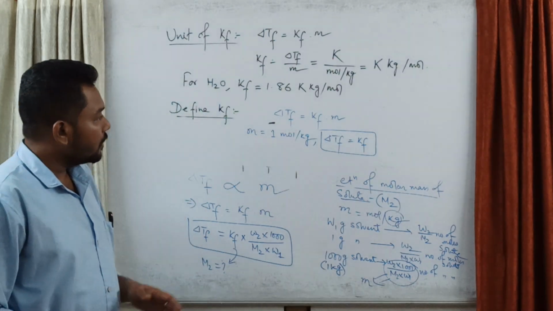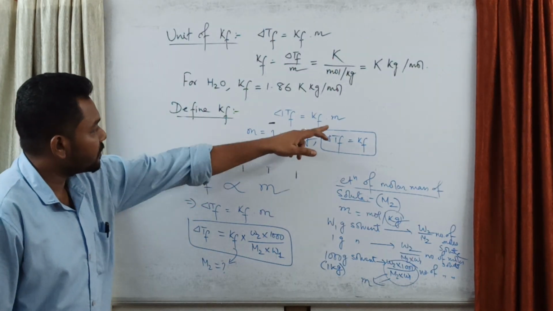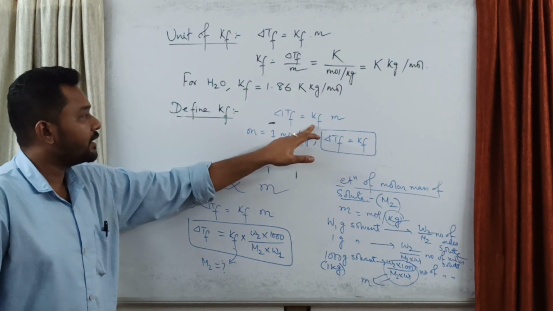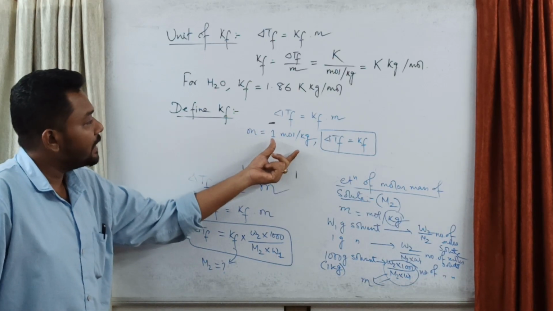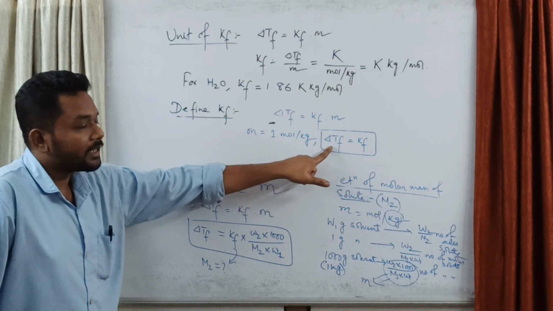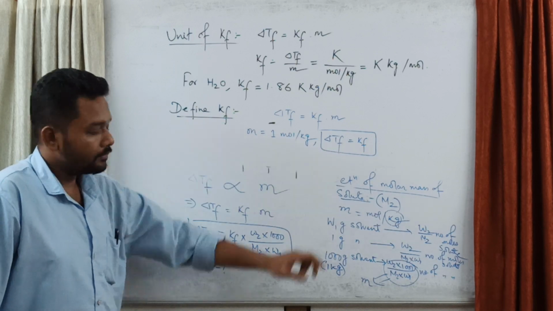তার মানে একবার দেখে নাও যে যখন M equals to 1 mole per kg বসাচ্ছো, delta TF equals to KF হচ্ছে। তার মানে if the concentration of the solution is 1 mole per kg, then the depression of freezing point can be called KF.